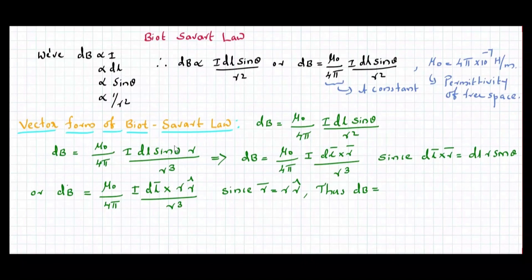Thus dB becomes mu 0 by 4 pi I dl cross r cap by r square, because r by r cube modifies to 1 by r square. This dB is equal to mu 0 by 4 pi I dl cross r cap divided by r square.